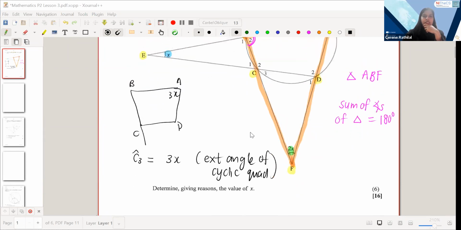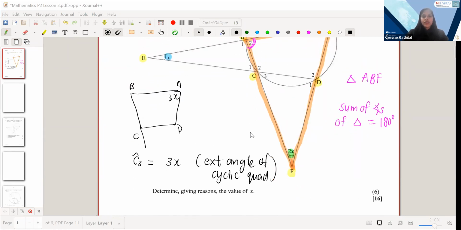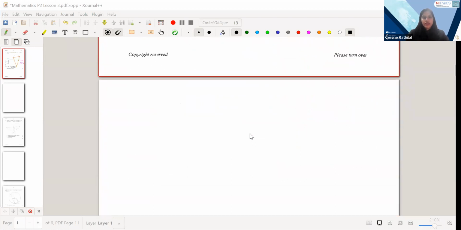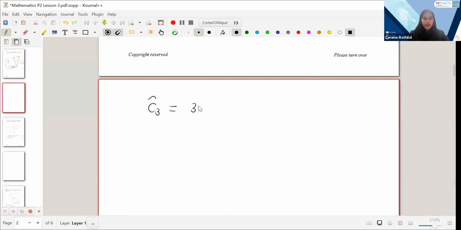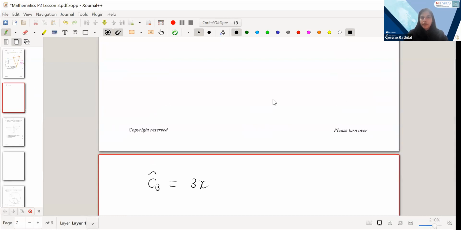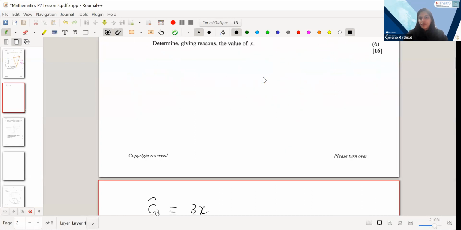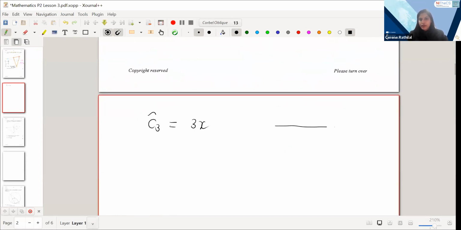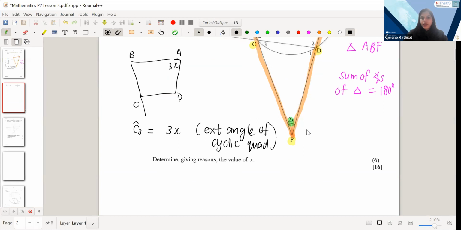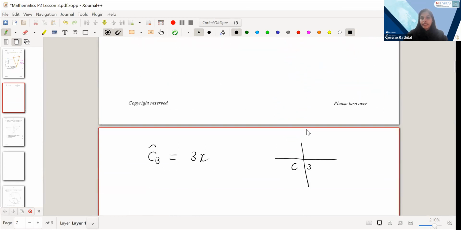So if I know what C3 is, then let me bring your attention to something else. C3 equals 3x, but let's look at what's happening at C, isn't that so? Here is C. I've got the following happening. This is 3, 2, and 1. I'm just duplicating that part of the diagram.